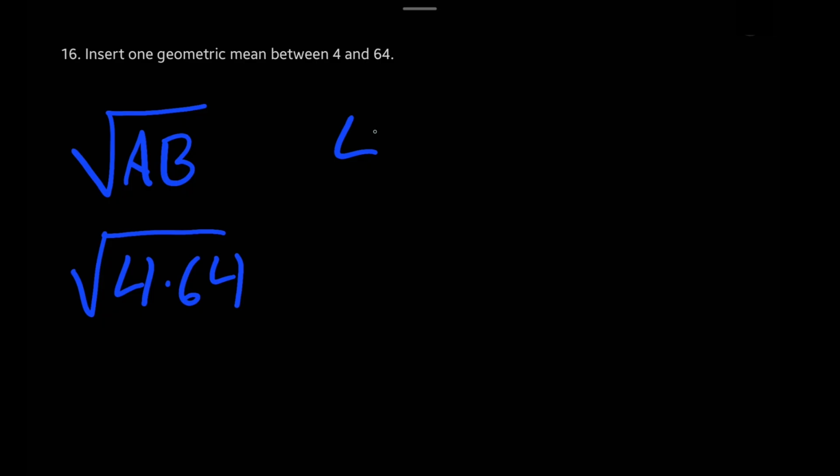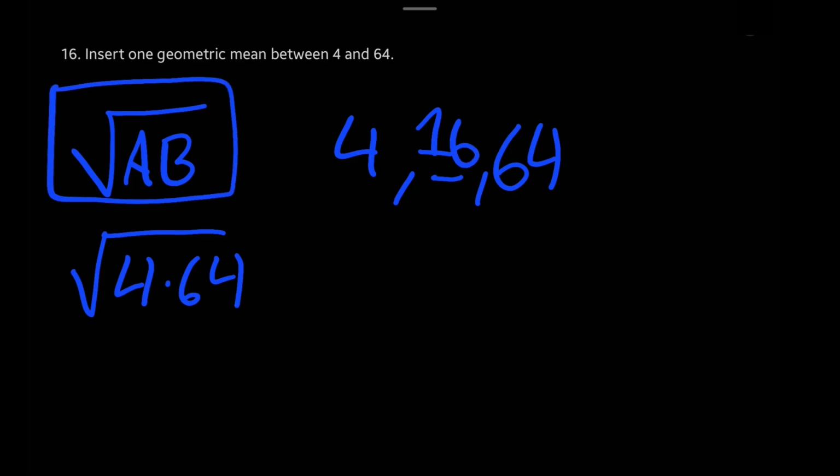So the geometric mean of 4 and 64 is 16. As simple as that. It's the basic formula right here in order to solve for our 16.